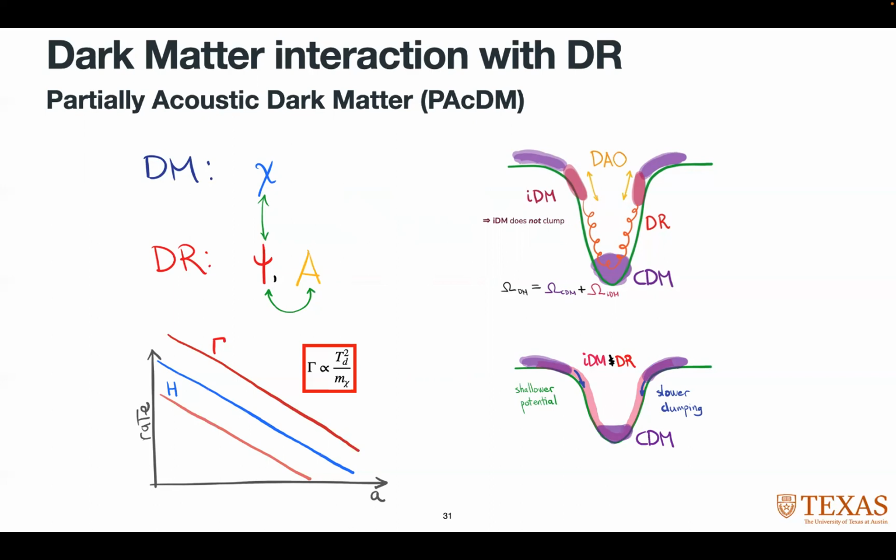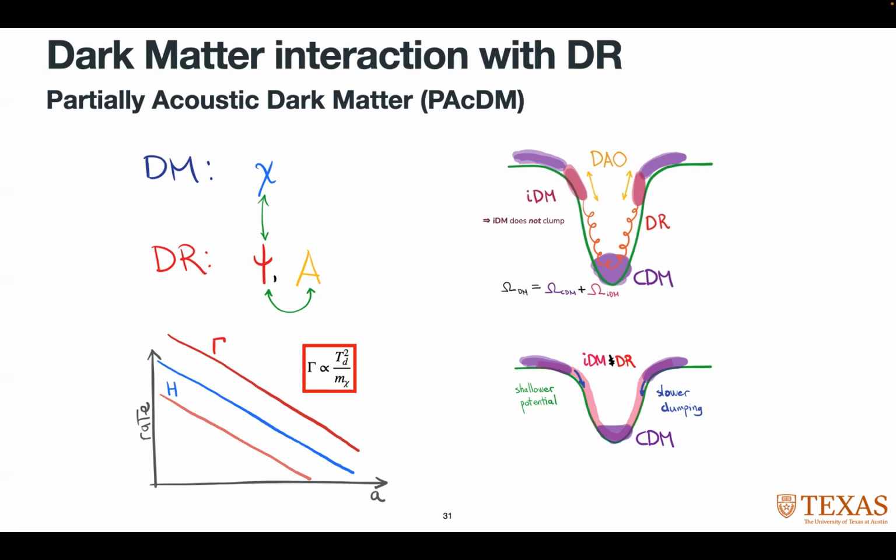There is cold dark matter, and on top of that, there is interacting dark matter, which is different from that. So this is why it is called partially acoustic. And this is the photon, and this is the fermion.